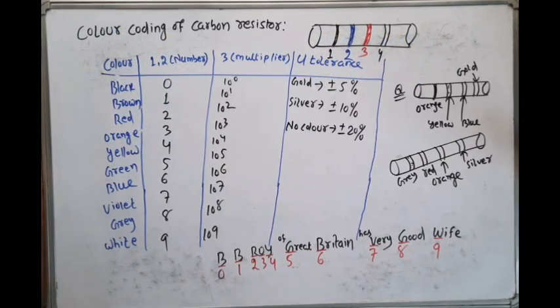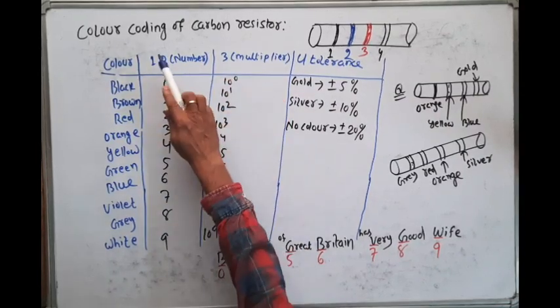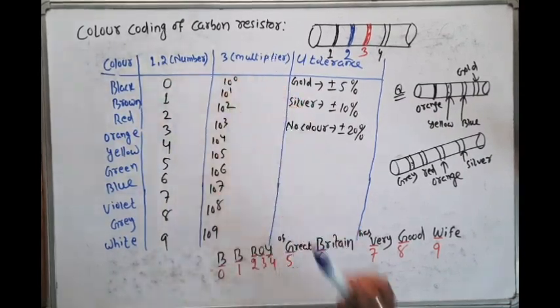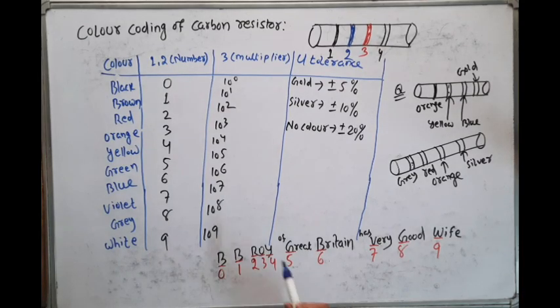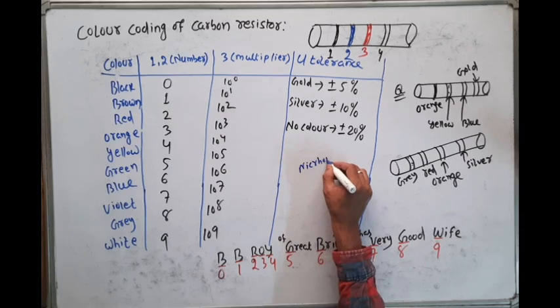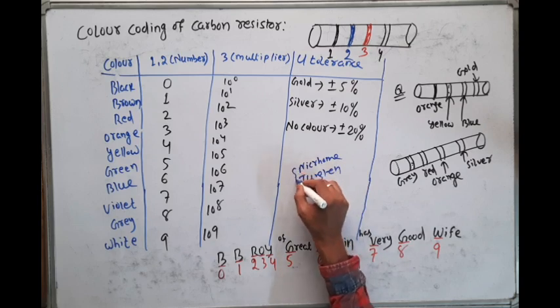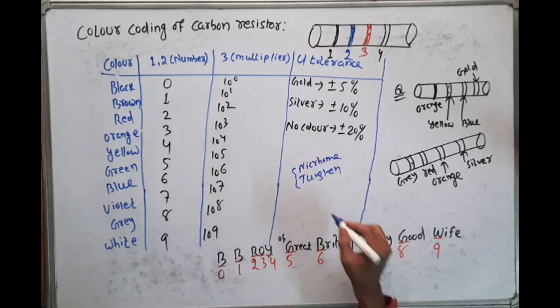Now, this is very important, particularly for engineering students. Color coding of carbon resistor. Generally, commercially in the market, we can get resistances of what? Nichrome, tungsten, manganese. These types of resistances are available in the market.